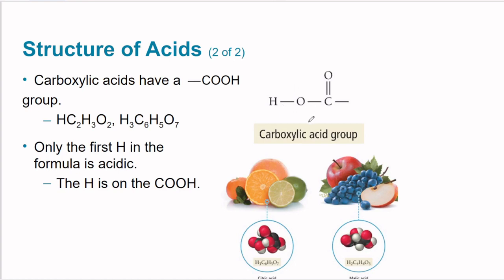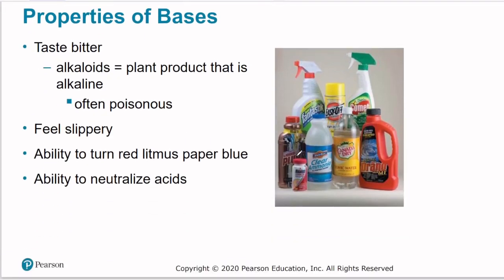These are organic acids, meaning that they have carbon in their structure somewhere, and they have this organic functional group called a carboxylic acid functional group, where we have a carbon double bonded to an oxygen and single bonded to another oxygen that's bearing a hydrogen, and that hydrogen can be lost to increase our H+ concentration in water.